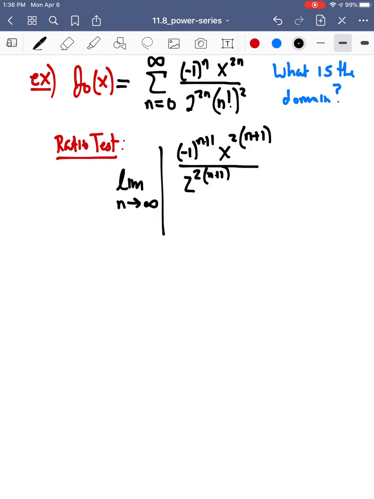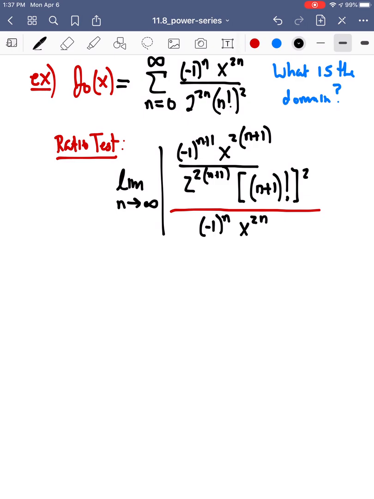Parentheses are really important here. And finally, we have n plus 1 factorial, that being squared. That is all in the numerator of that limit, times the series function that we have.